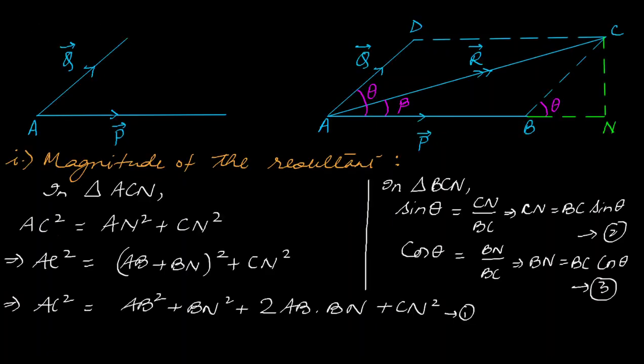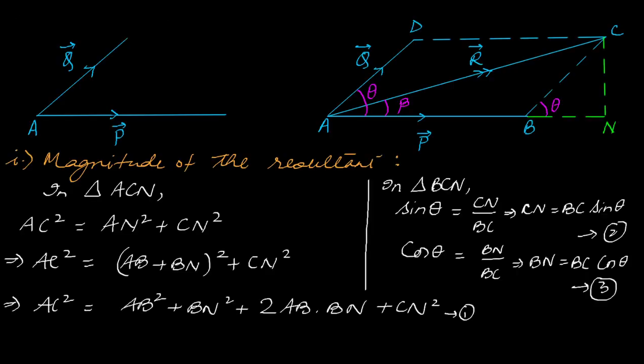So therefore AC square is equal to AB square plus BN square, but BN is BC cos theta. So it'll be AB square plus BC square cos square theta plus what else?